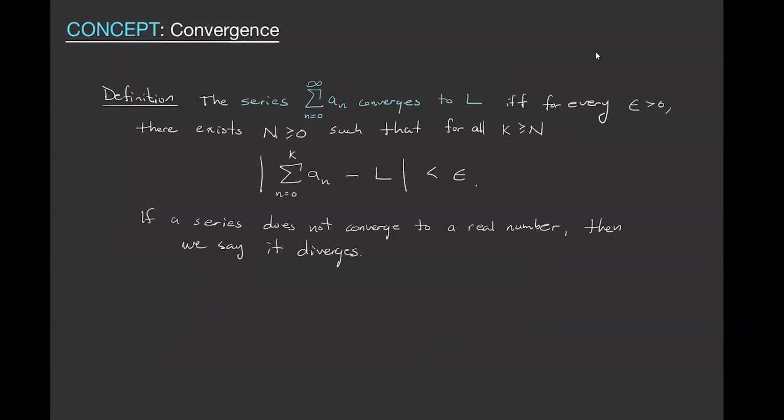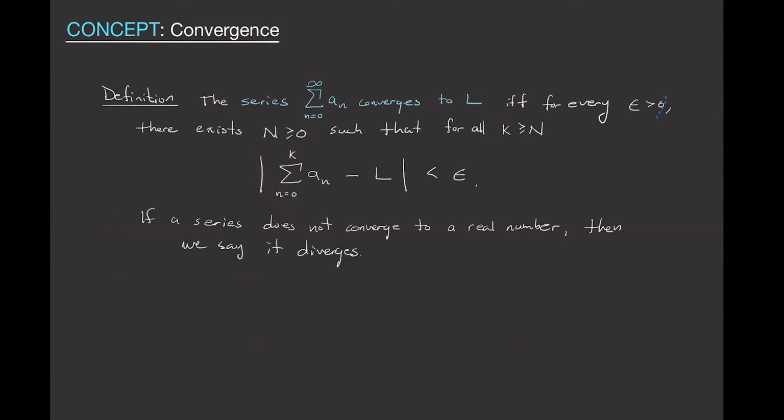The formal definition of convergence is this here. So we say this series converges to a given limit, let's say L, if and only if this is true. Basically, you can be guaranteed that after a certain point, if you add up not the whole series, but just a part of it, if this ending index value is large enough, past this given N value, it'll always be really close to the L. It'll be epsilon close.